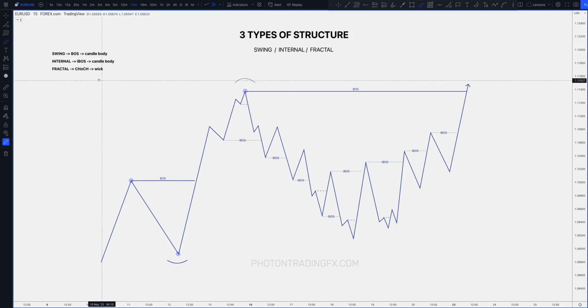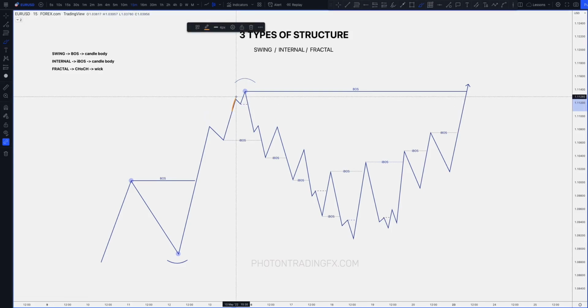So that is now what we are talking about when we look at fractal structure. It's those tiny little candlestick movements in price, where we're looking at, does the previous candle break the prior candle's high? Yes, yes, yes. Then suddenly it doesn't. The next candle fails to break the prior candle's high. So that's where we get that fractal pullback, a little pullback in price. Then we move up and then we take that fractal low, okay?